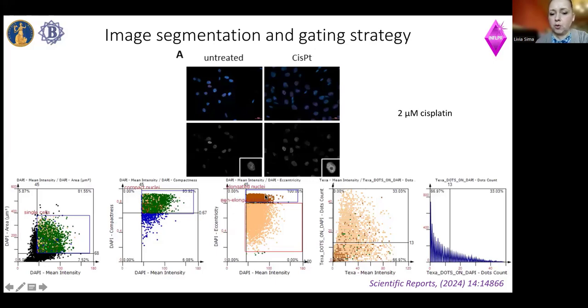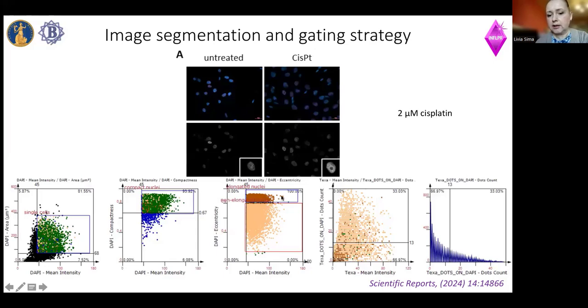Because we work with a co-culture, we can use this cytometry gating strategy to separate our population of cells into cells with elongated nuclei, which we know are the normal melanocytes, and cells that have non-elongated nuclei that are more round shaped, and these are the A375 melanoma cells.